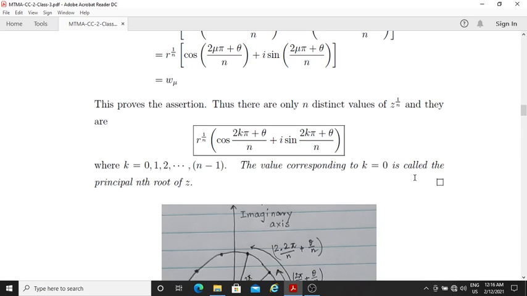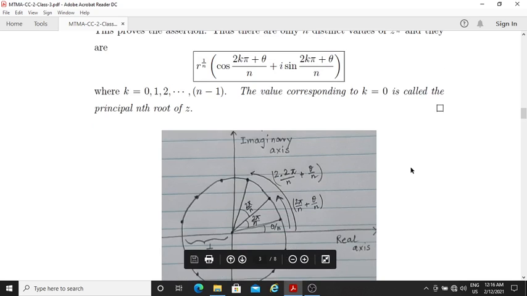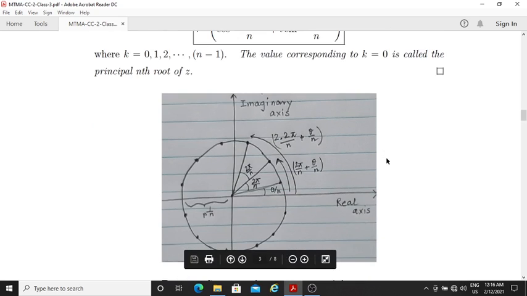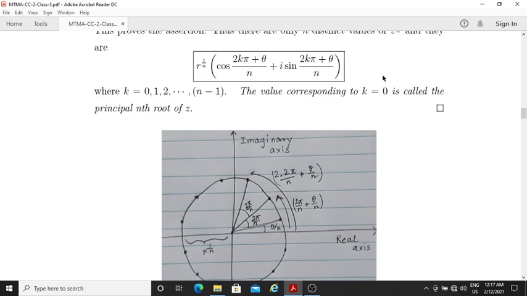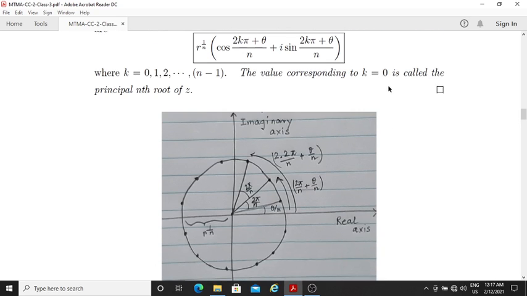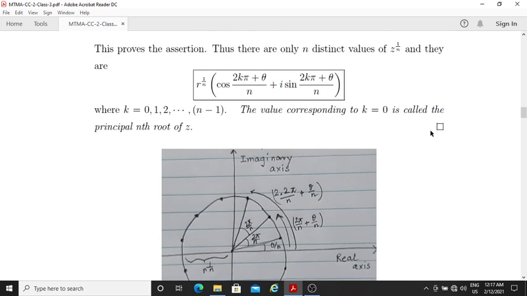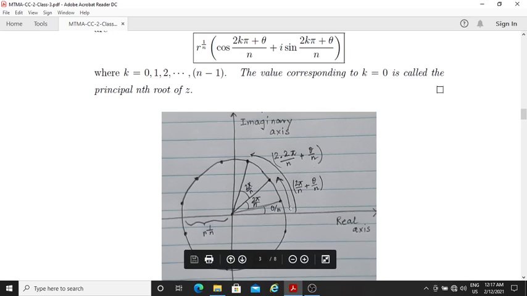Now let us look at the geometry behind the roots. This is very interesting. You are starting with the complex number z, whose amplitude is theta, and now you are looking at the nth root of that complex number, whose modulus is r to the power 1 by n.